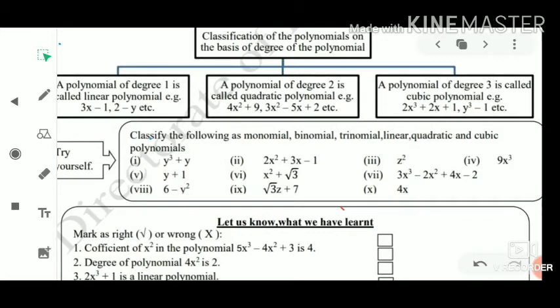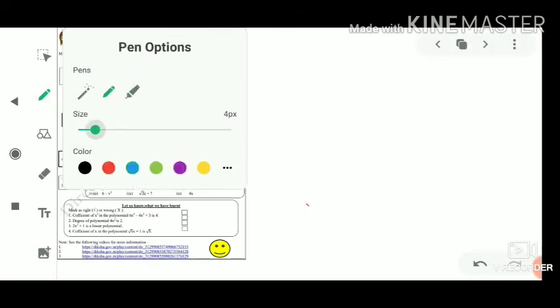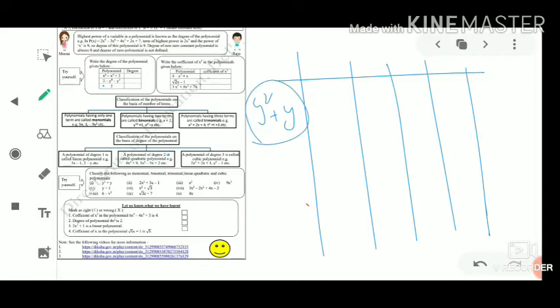Let's suppose first we have, let me classify it so you all will understand, you need to make a table, and our expression is y square plus y. So this is binomial because it has 2 terms, so we'll write it here, binomial.